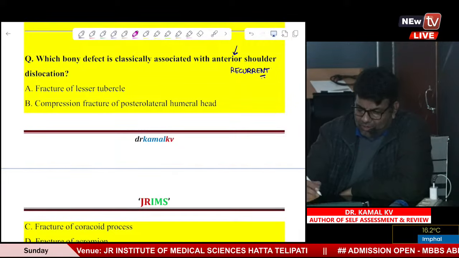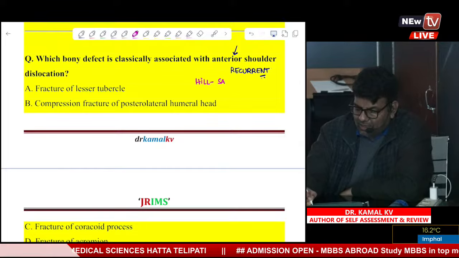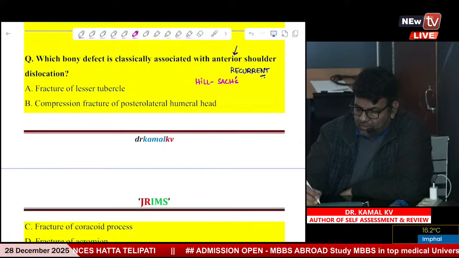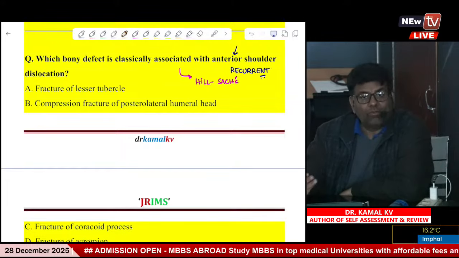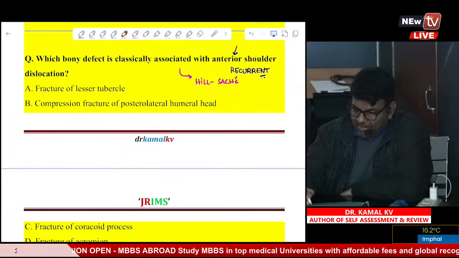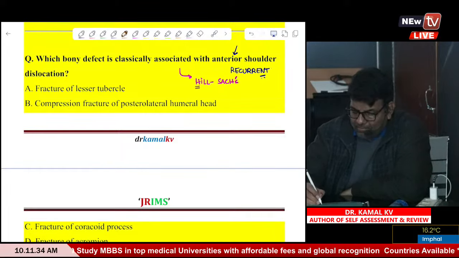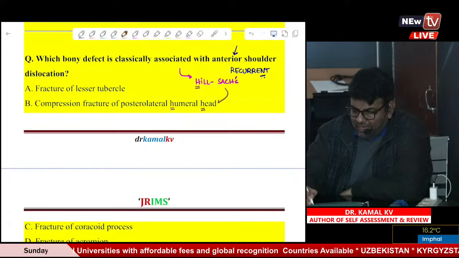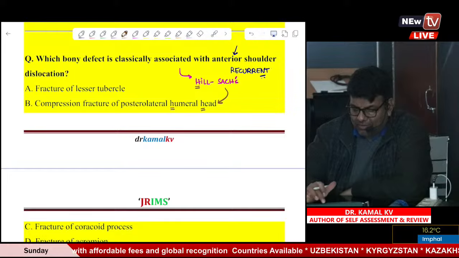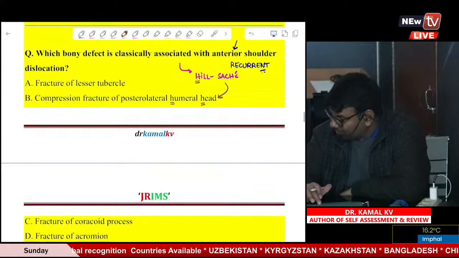Now again here, what you need to remember, the question is about Hill-Sachs. So what will be fractured in Hill-Sachs? Remember H for Hill and H for humeral head, right? So the answer will be this, compression fracture of the posterolateral humeral head.